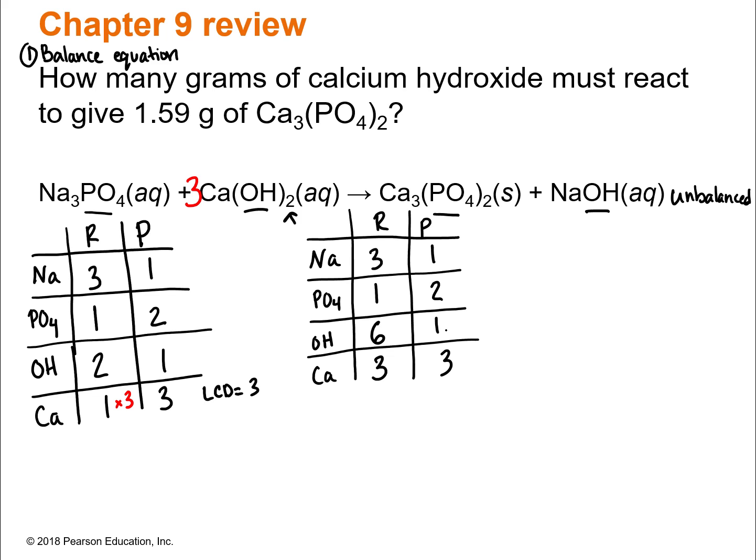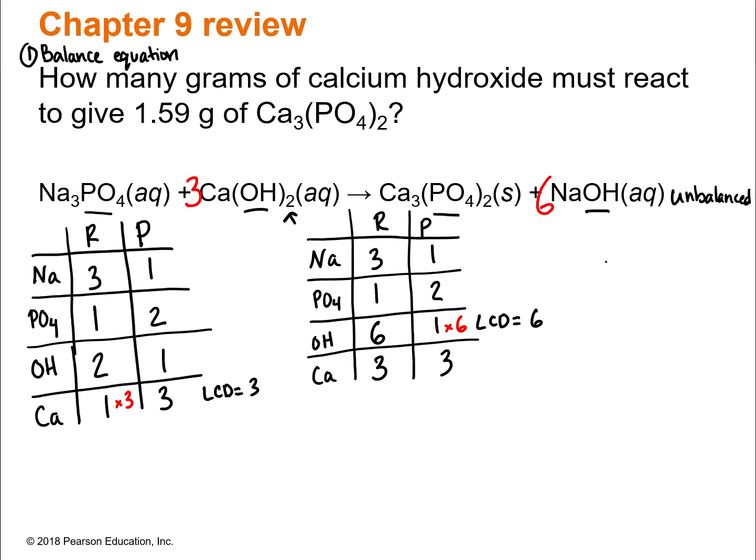Now let's go and try to figure out the hydroxides. Lowest common denominator is 6. So we're going to multiply by 6 on the product side where we see the hydroxide. That means putting a 6 in front. That's going to change our sodium.